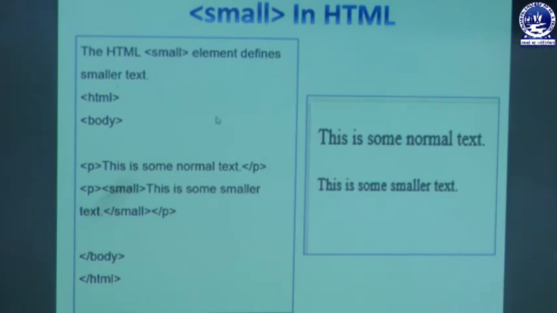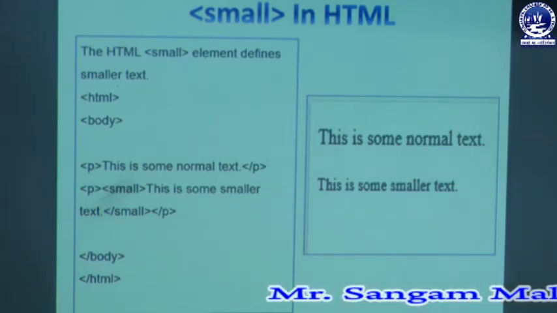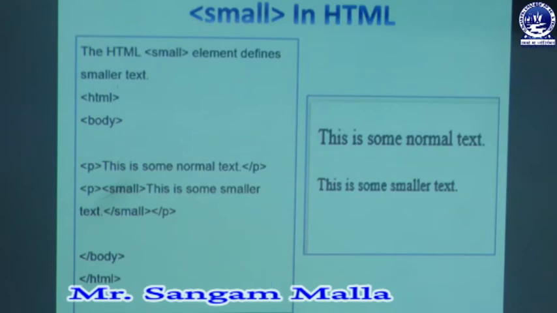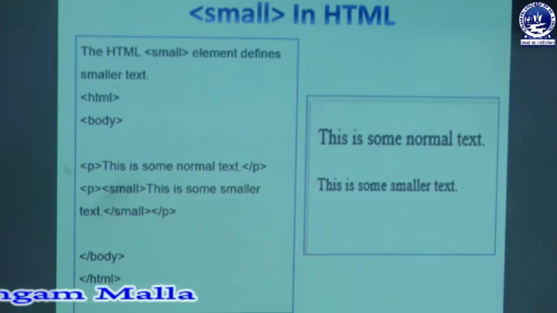That means whenever we do not want the user to go through all the text, we can use the small tag, so that the text will be in smaller size and the user will not feel any importance to read it. So the small tag is actually used not to give importance to any text, or to decrease the importance of the text.